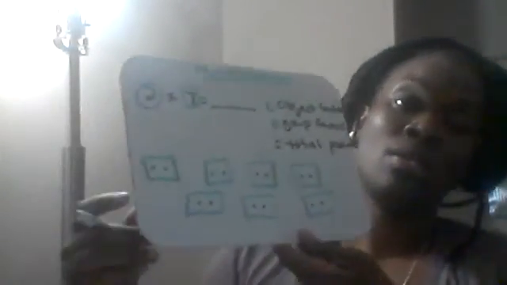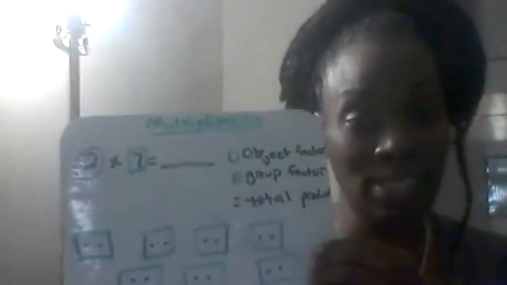Okay, 1, 2, 1, 2, 1, 2, 1, 2, 1, 2, 1, 2, 1, 2. Now, 2 times 7 is equal to saying 2 plus 2 plus 2 plus 2 plus 2 plus 2 plus 2.